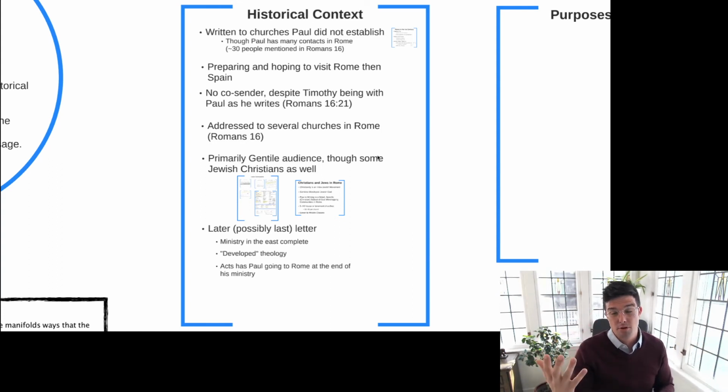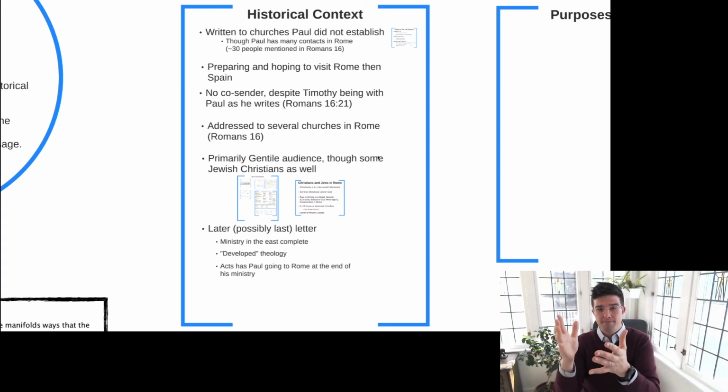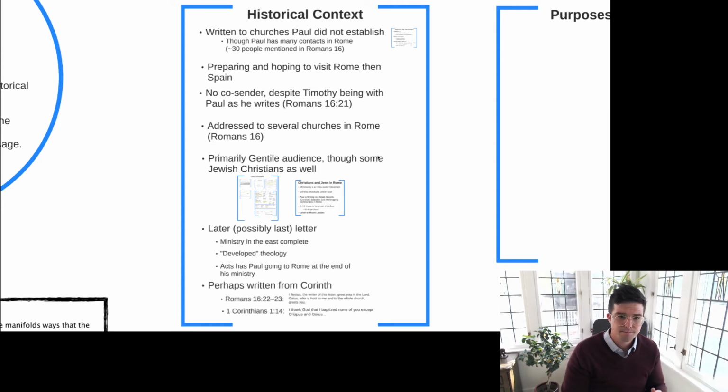And a lot of people presume that's because he's really developed his thinking, or he's developed his theology about the relevance of Jesus for Judaism and for his theology as time has progressed.